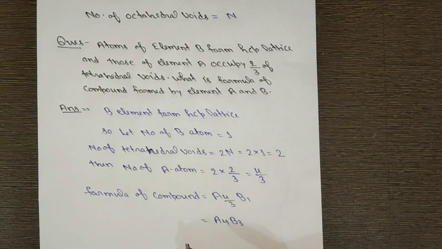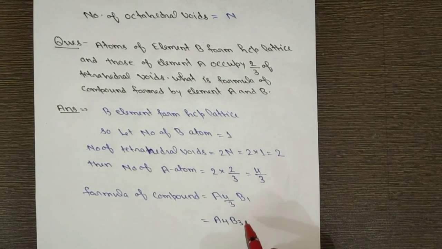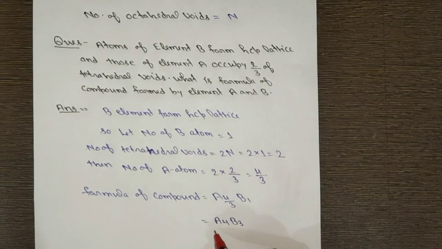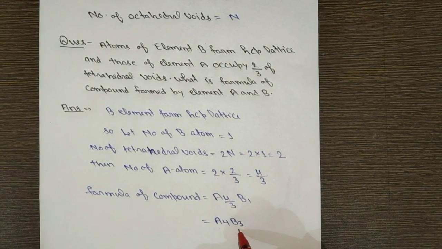Then the formula of the compound is A4/3 B1. On simplifying, the formula of the compound is A4B3.